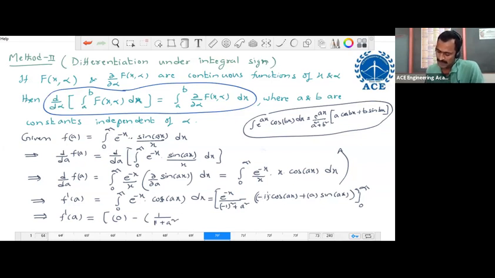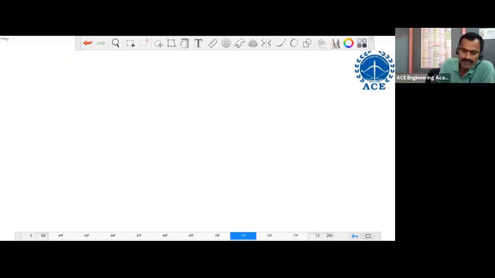That way this is minus, and this is equal to 1 by 1 plus a square. So f dash of a equals 1 by 1 plus a square.